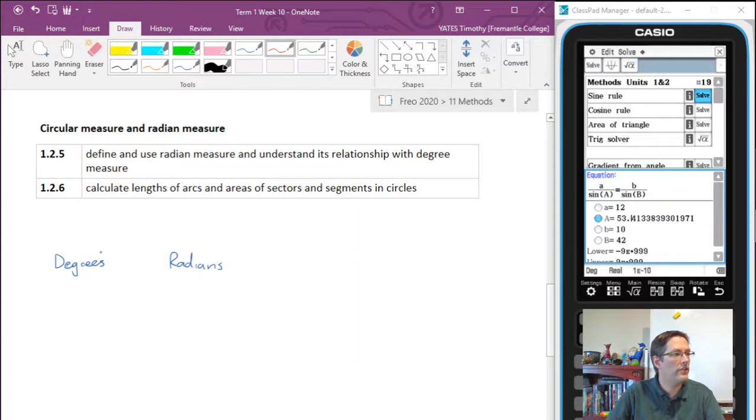The way that we convert it from degrees into radians is we multiply it by pi over 180. So you've got a large number here, and you're effectively dividing it by 180 to get a much smaller number for our radians. Likewise, when we go back, we multiply by 180 over pi, and the number becomes much larger when we convert it into degrees. So that's what we've got for that.